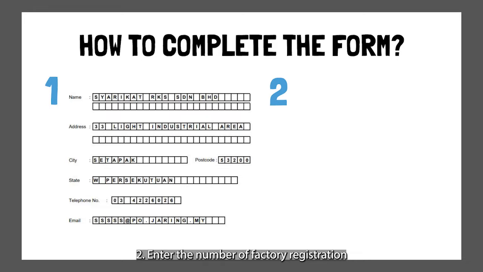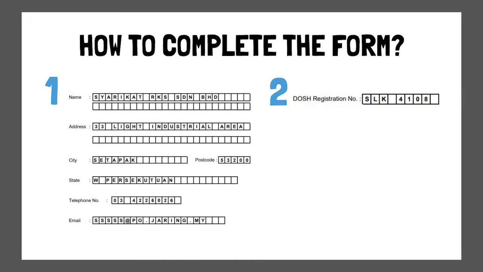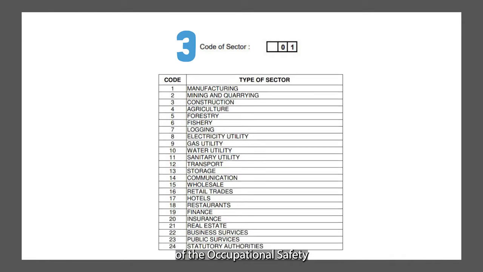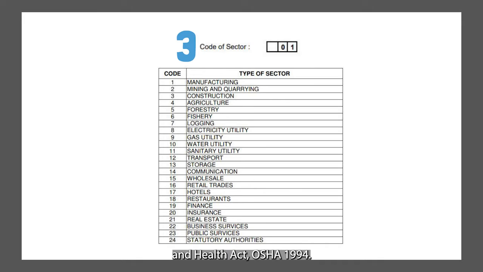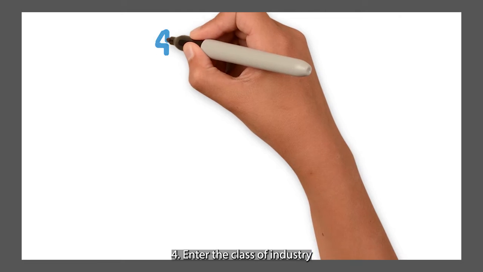2. Enter the number of factory registration with the Department of Occupational Safety and Health, DOSH. 3. Enter the code of industry with reference to the Schedule 1 of the Occupational Safety and Health Act OSHA 1994. 4.